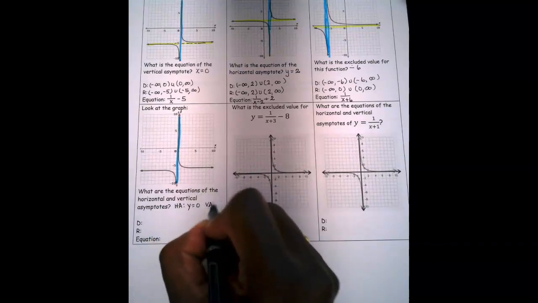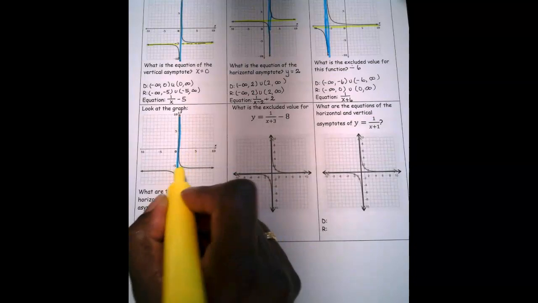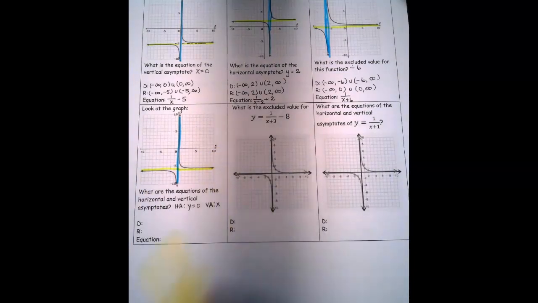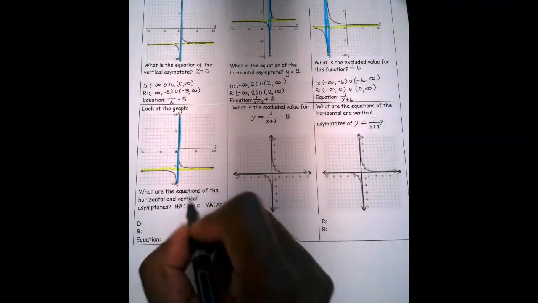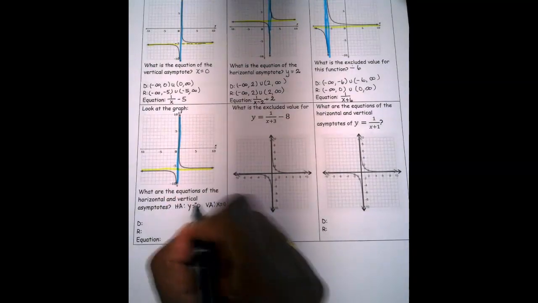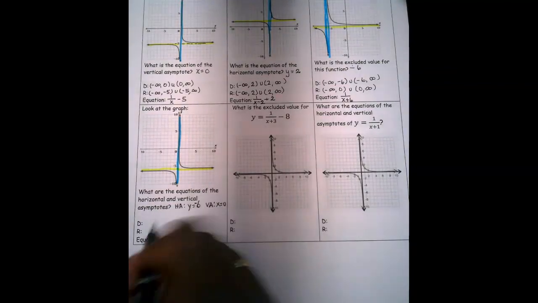The vertical asymptote, however, is x is equal to, I think I just said that backwards. Okay, so the vertical asymptote is x is equal to 0. Horizontal asymptote is y is equal to negative 6. So I'm going to put a negative there.